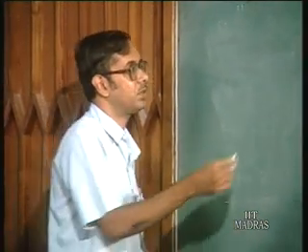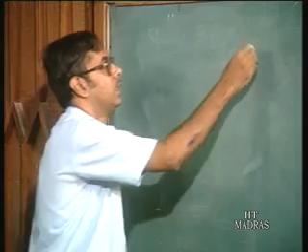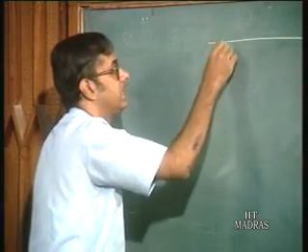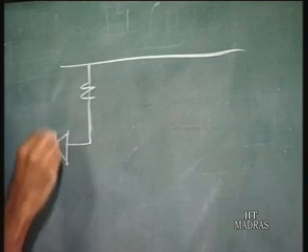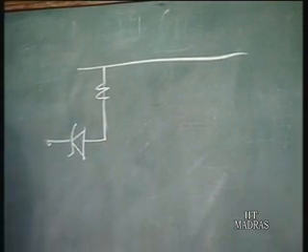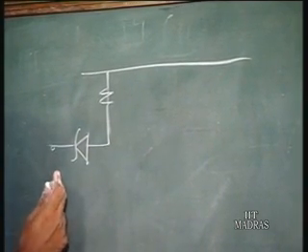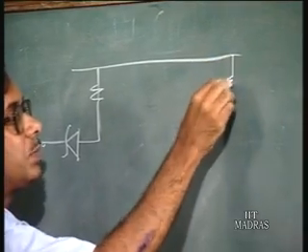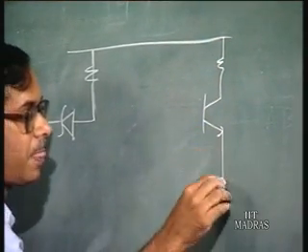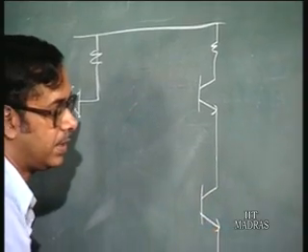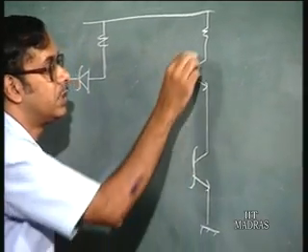So suppose you have an LSTTL, I am just drawing the two ends of the circuitry. This is the input side of an LSTTL, and on the output side you have something like this. These are of course Schottky diodes.